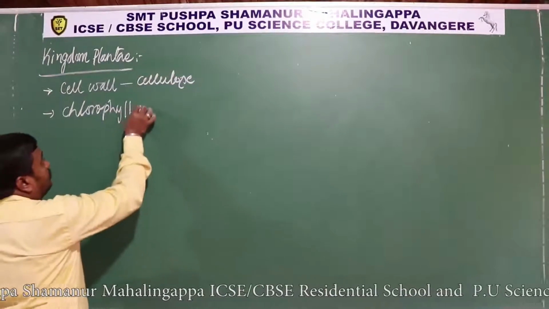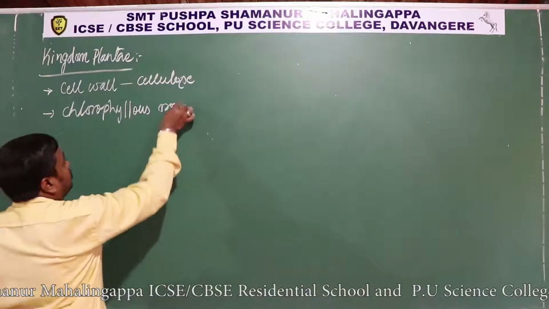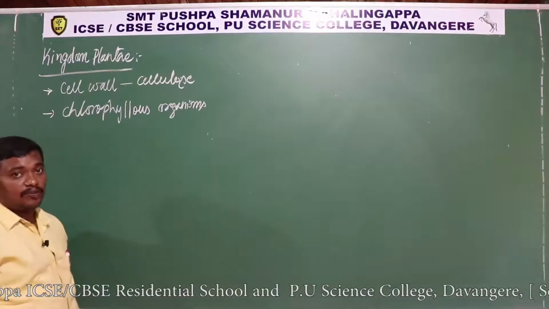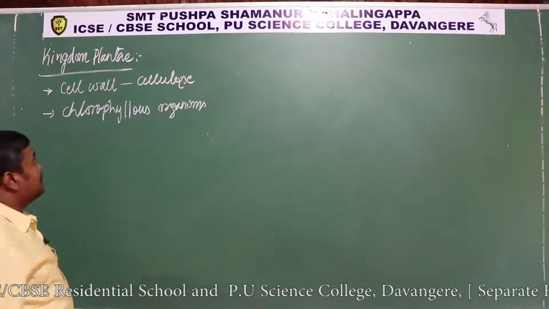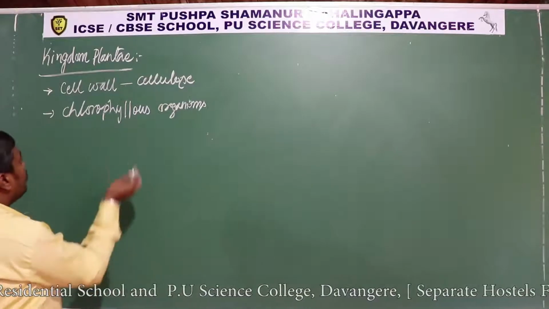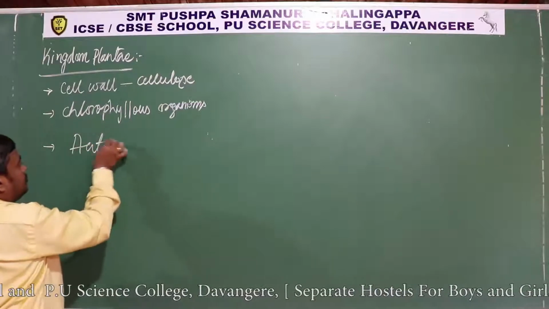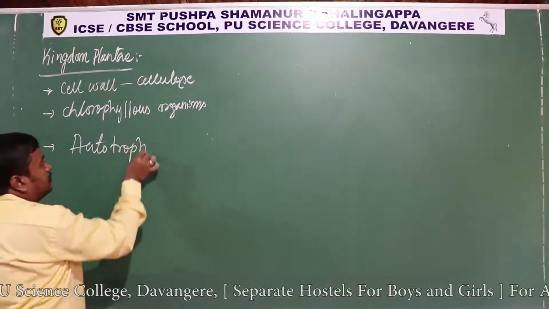So they are chlorophyllous organisms. Of course, they have the organelle called chloroplast. Within the chloroplast, chlorophyll is present. And they are autotrophs.